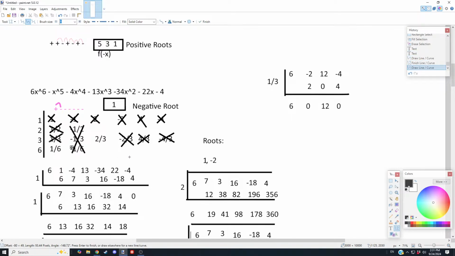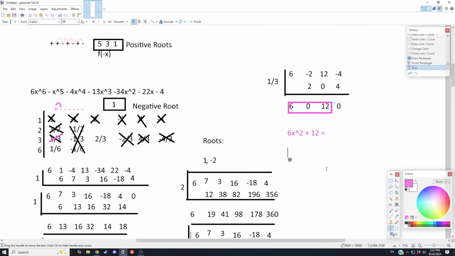And at this point, when I look at this, I see this is a quadratic. This translates to 6x squared plus 0x plus 12. And if I want to factor this, I can.